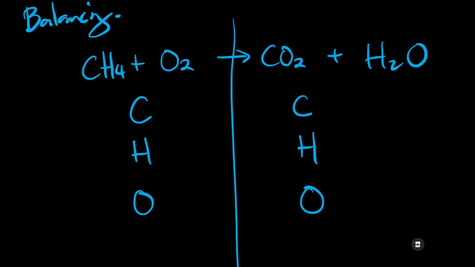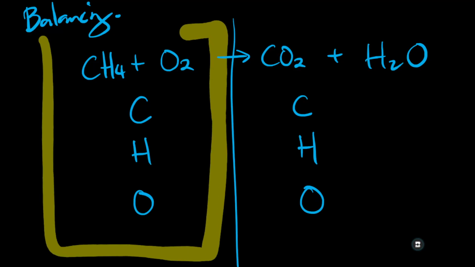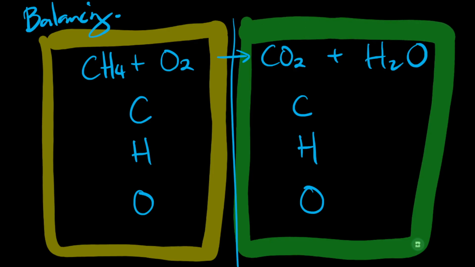So after you do that, you can start counting the elements on each side. So for this one, you're only counting this side. And then for the other side, you're only counting this side. There's two different sides, okay? So don't count different sides.